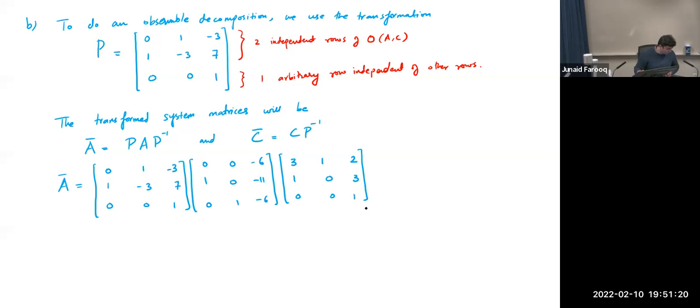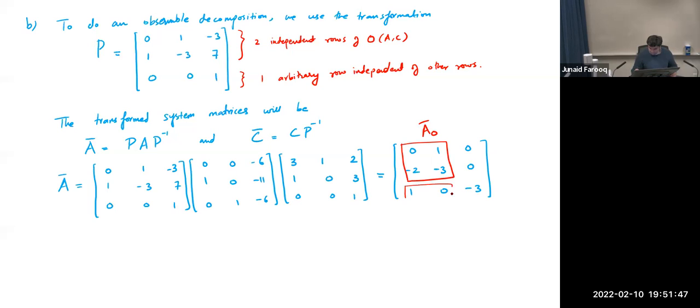All right, if I multiply these, what I get as A bar will be [0, 1, -2; -3, 0, 0; 1, 0, -3]. This piece here is the observable subsystem, this piece here is A bar 2,1, and this piece here is the unobservable part.